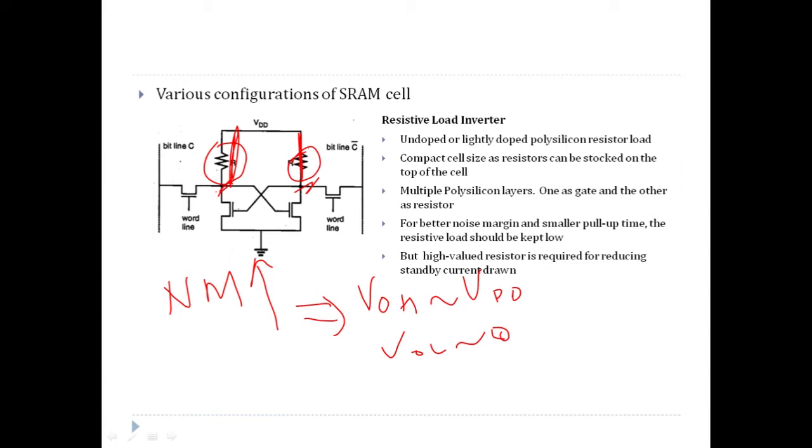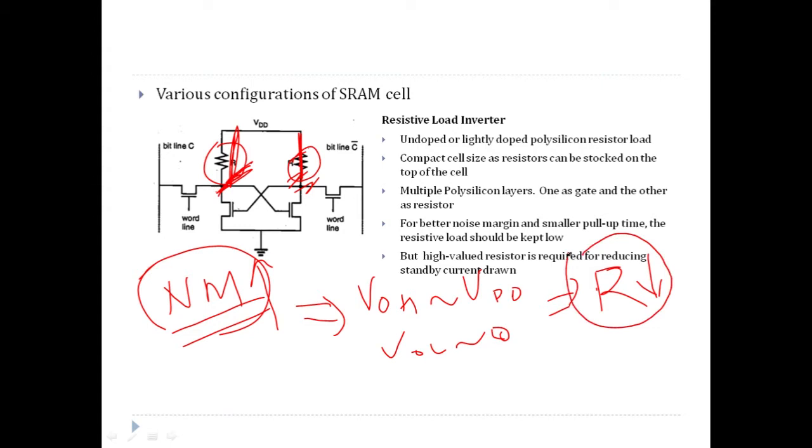To improve the value, we should keep this resistor's R value smaller, so that the drop across this resistor will be smaller, and its VOH and VOL will be closer to VDD and ground, which improves the noise margin. So for better noise margin, this load resistance value should be smaller.